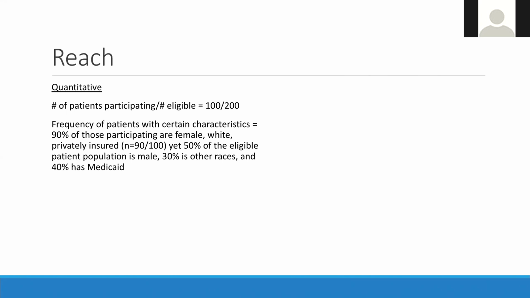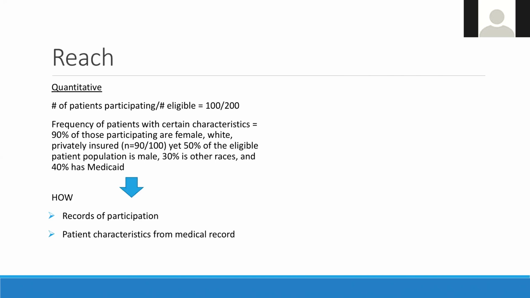So you probably have some quantitative information demographically, the frequency of patients with certain characteristics. So maybe what we found is that 90% of those participating are white, female, privately insured patients. However, our patients also include male, other races, and Medicaid. So we might get that information by looking at participation records and patient characteristics from the medical record.